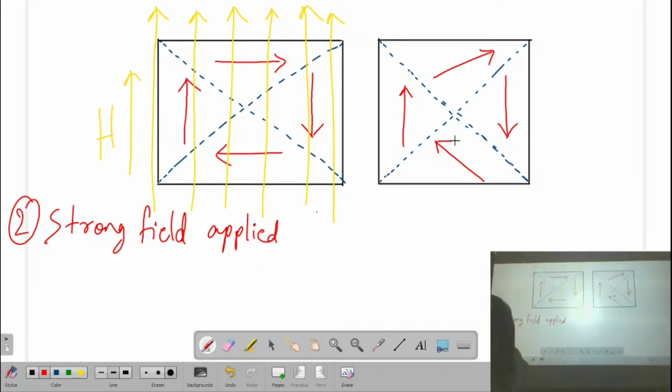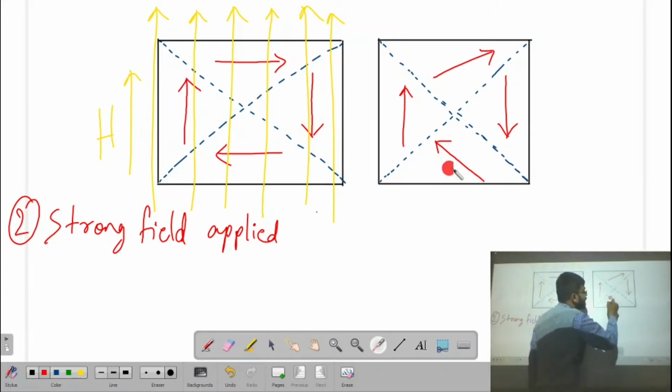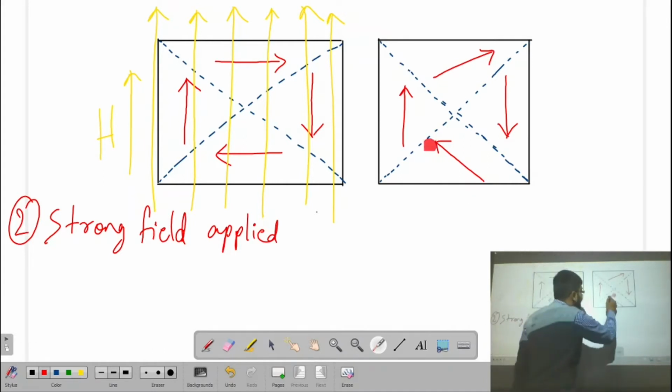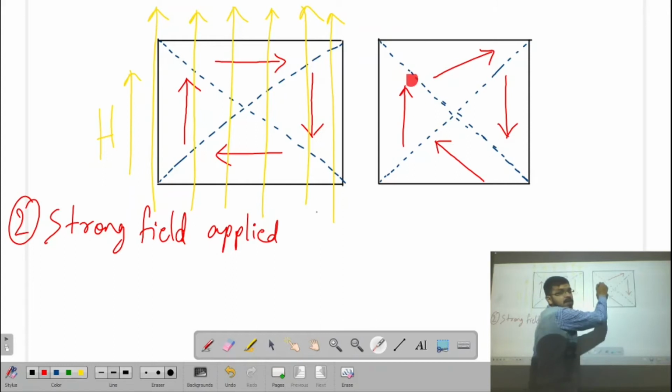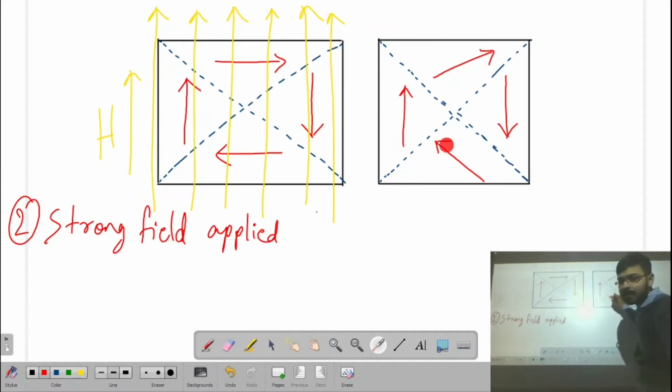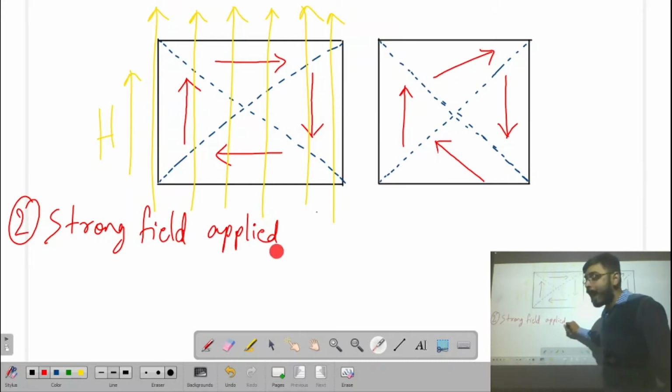Now here you see that these two domains are trying to orient themselves in such a way that they will join the direction of this domain. Remember, this is in a strong applied field.